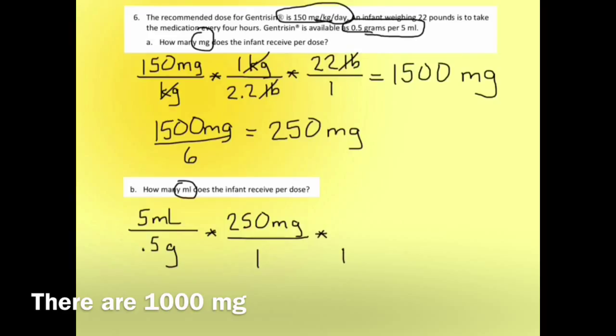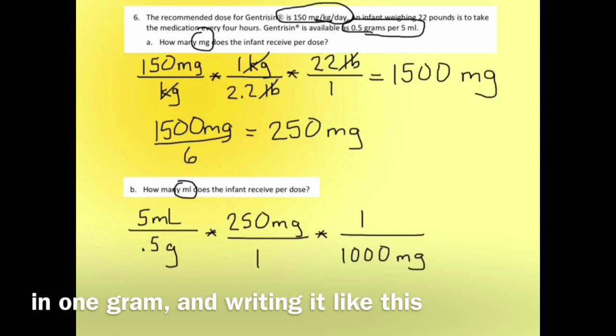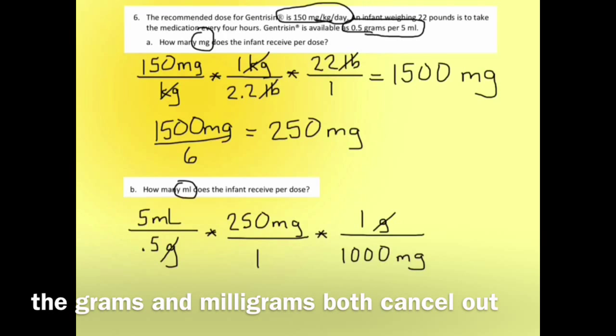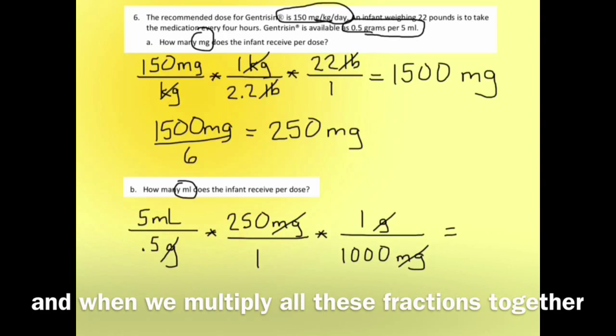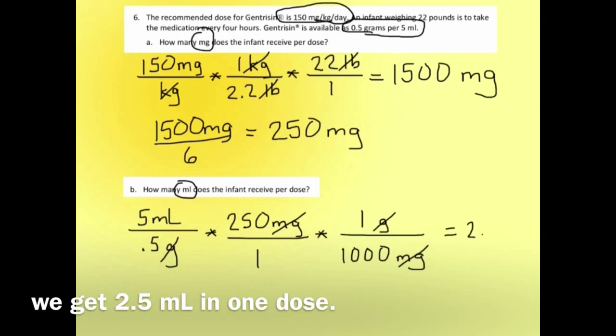There are 1,000 milligrams in 1 gram, and writing it like this, the grams and the milligrams both cancel out. So the only unit left is milliliters, and when we multiply all these fractions together, we get 2.5 milliliters in 1 dose.